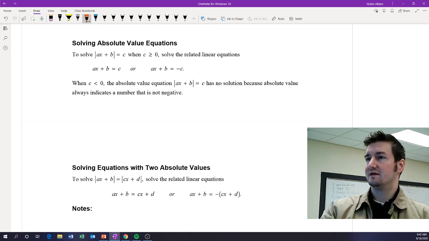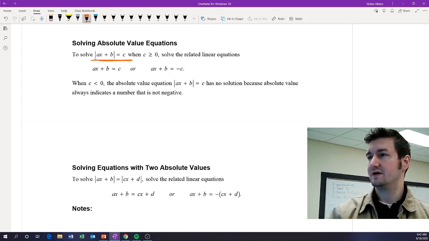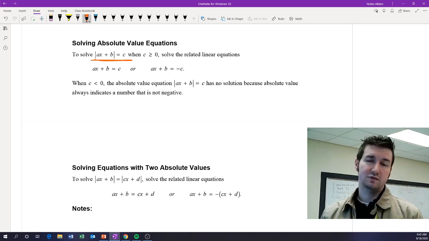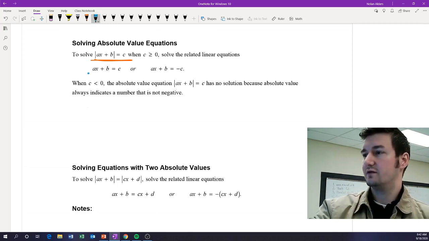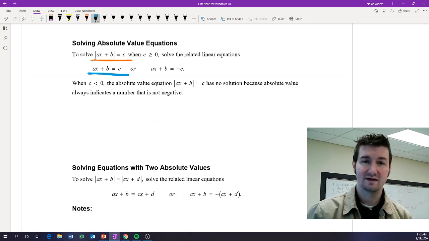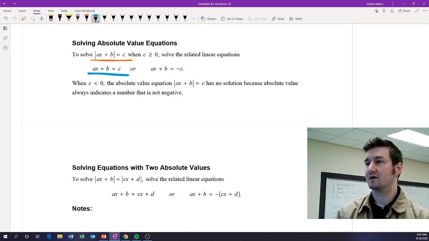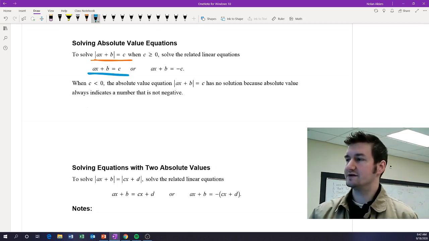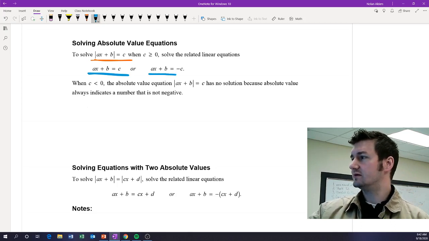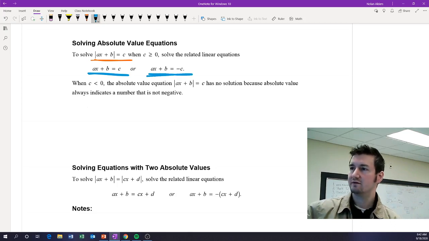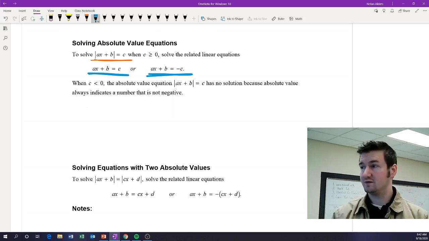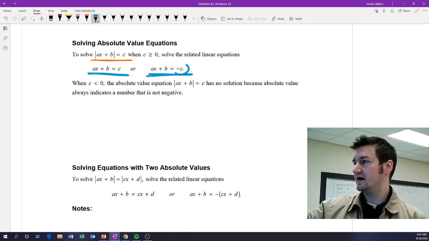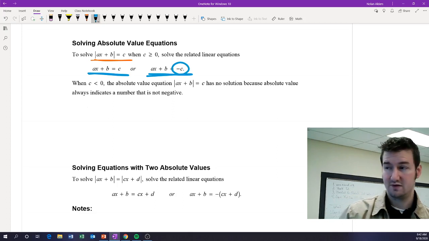So as you can see here, if we have this absolute value equation, then we're going to split it into two equations. The first equation will look exactly the same, just without the absolute value bars. And the second equation will look similar, except that whatever is on the other side of the equation, opposite of the absolute value, we're going to change that to its negative counterpart.